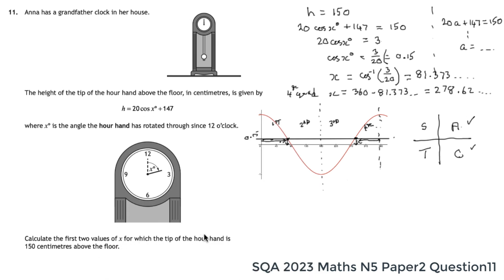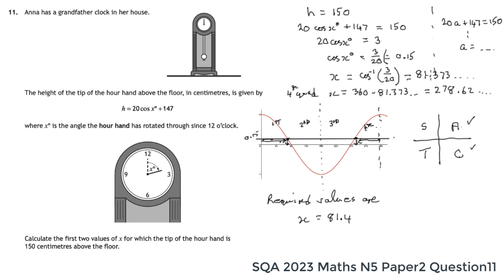Calculate the first two values of x for which the tip of the hour hand is 150 centimetres above the floor. So the required values are x equals 81.4.